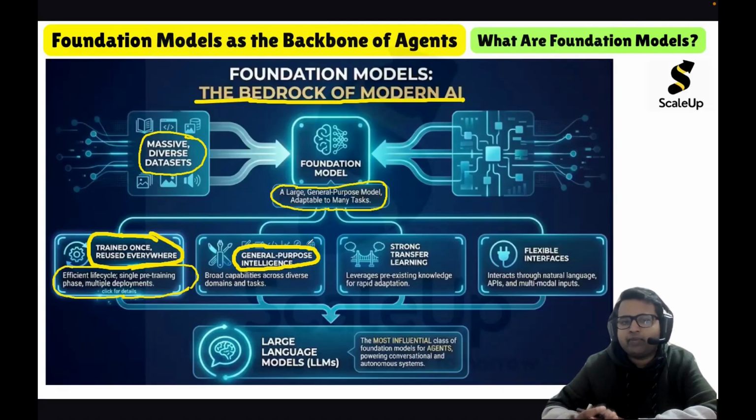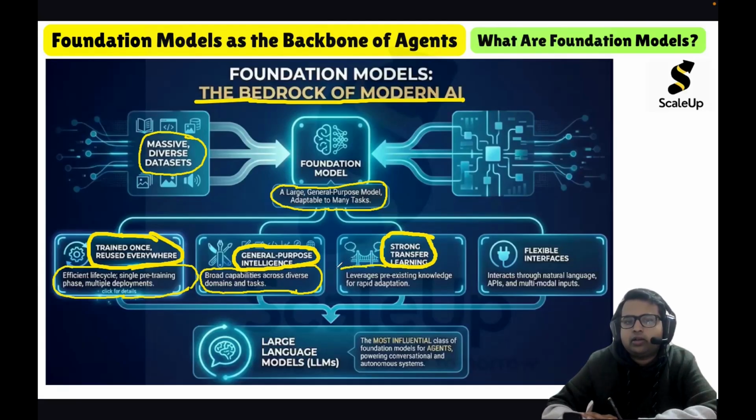We could only accomplish a specific task or objective. But foundation models are general purpose in nature, with broad capabilities across diverse domains and tasks, and they support strong transfer learning.